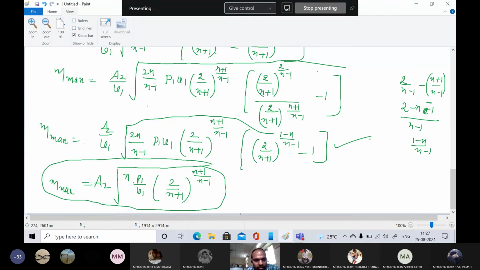v1 we will take inside, this will be v1 square, v1 will be cancelled. What about other things? 2n by n plus 1, this is n minus 1. Hmm. Anybody? Try this one.